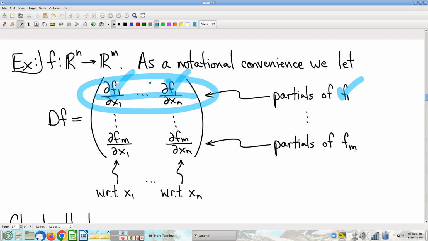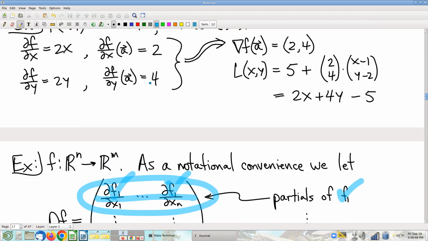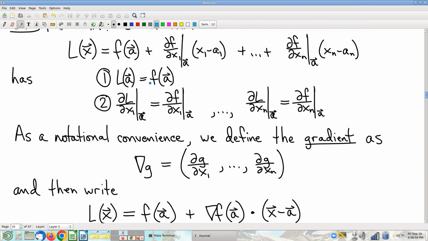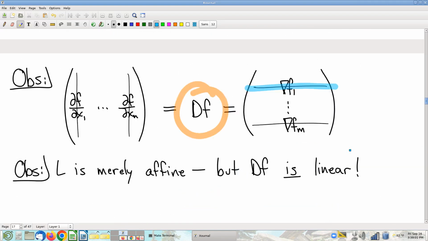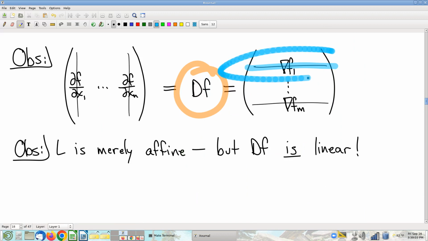All the partials of a function. Where have we heard that phrase before? That's the gradient. It's the vector that is all of the partials of that function. Right? So, again, there it is. How about that? Neat observation: rows of this matrix are the gradients of the component functions. So, neat fact. Useful sometimes.